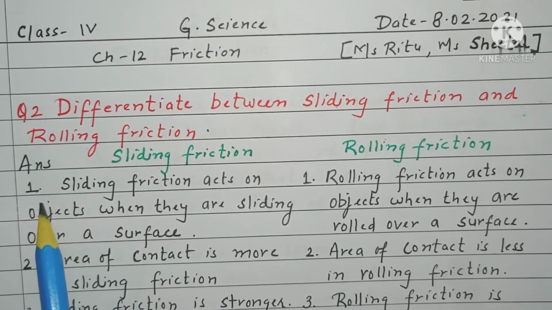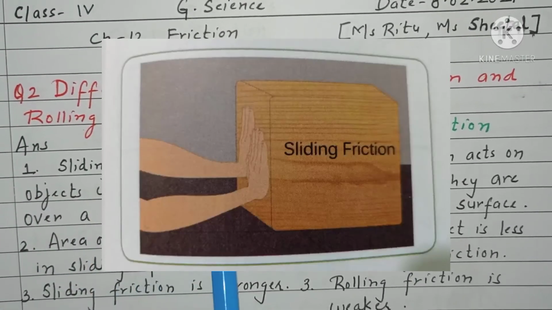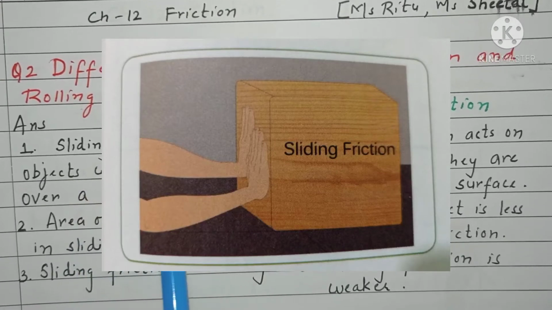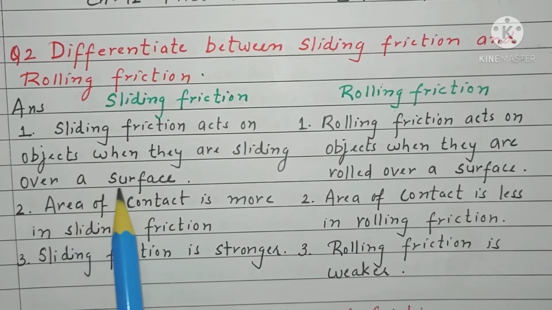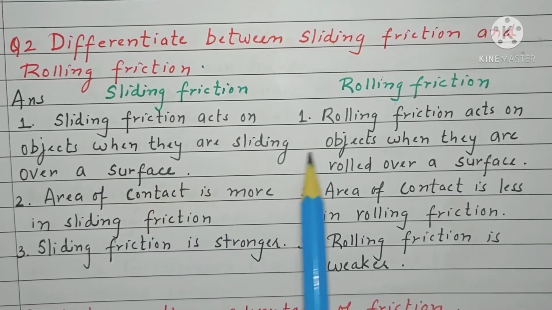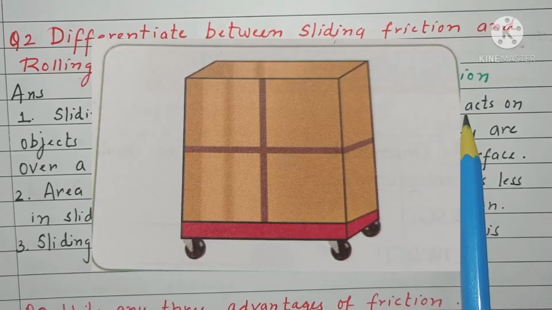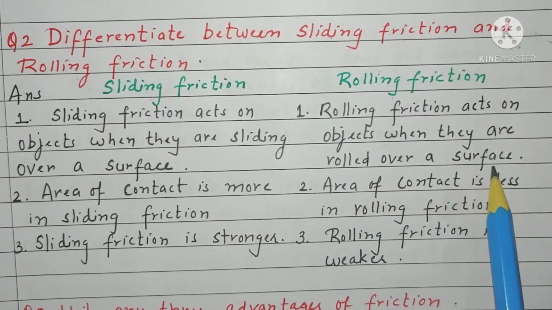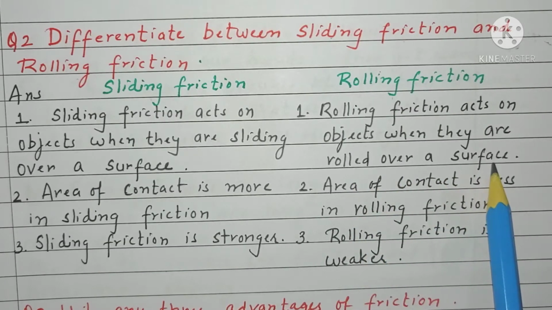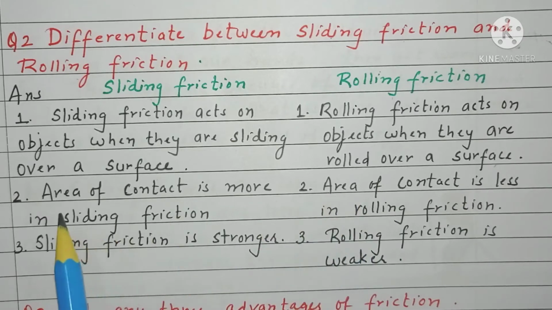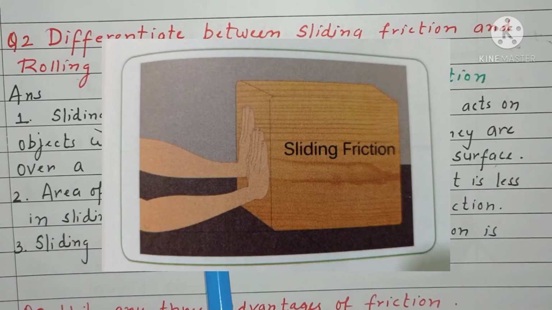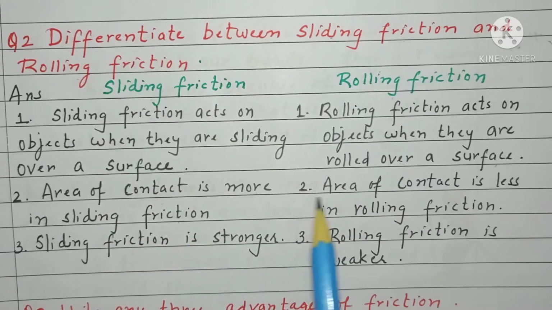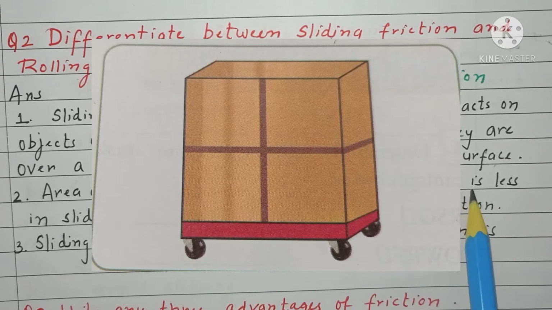So, the first difference is sliding friction acts on objects when they are sliding over a surface, and rolling friction acts on objects when they are rolled over a surface. As we have already done, children, the area of contact is more in sliding friction, while the area of contact is less in rolling friction.